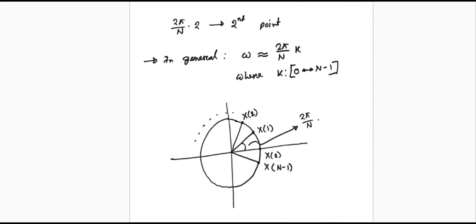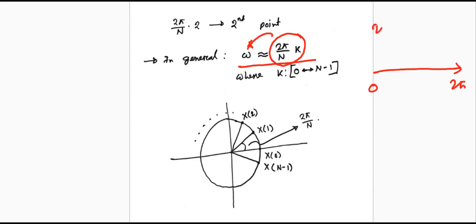So in general, you can understand that this set is a subset of omega, because omega is continuous. Omega is continuous from 0 to twice pi, all the values, but twice pi by n into k, where k goes up to n minus 1.